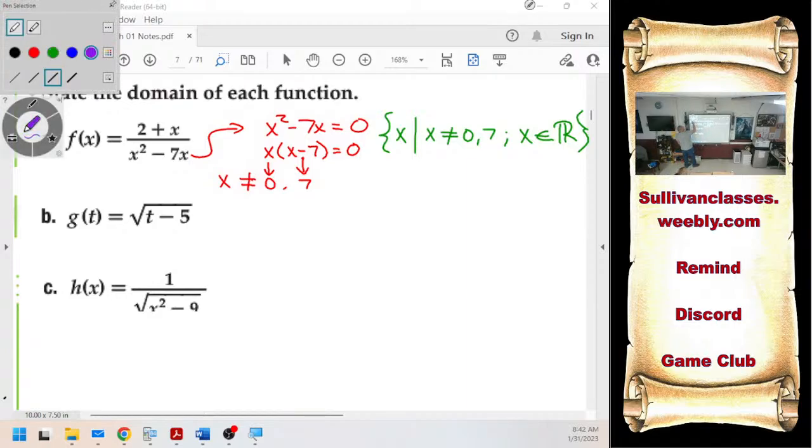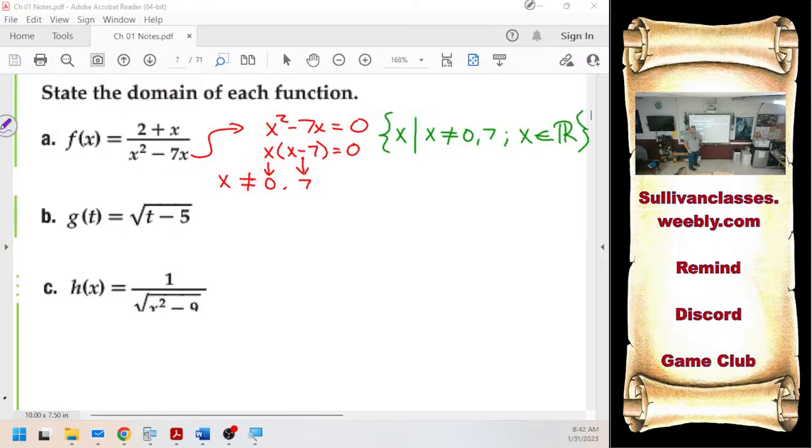Now, if I was going to do that by interval notation, you don't have to draw this part unless you want it as a reminder. If I had a number line from negative infinity to infinity, at 0 and at 7, remember good old one variable graphs, how do I show not this?